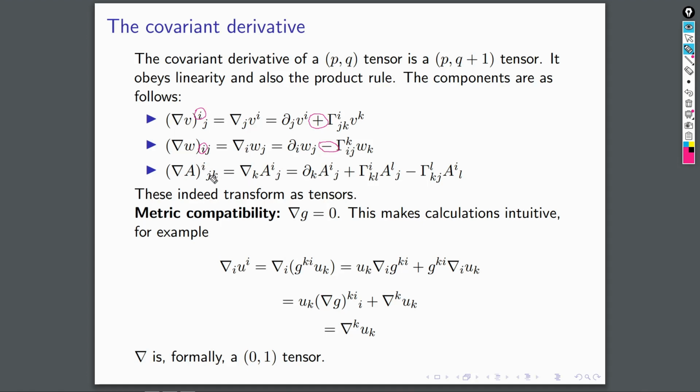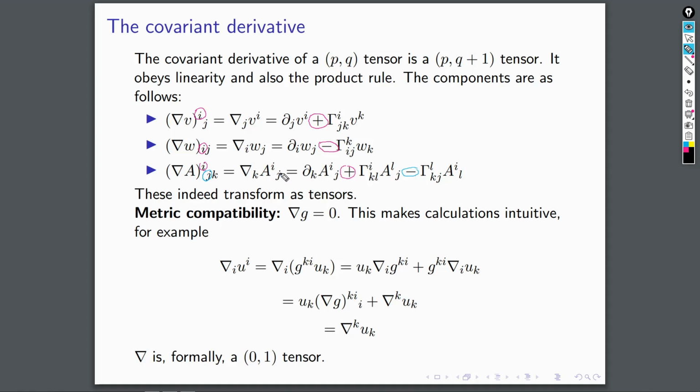And then you can actually do this as many times as you want. So this is a (1,0) tensor, this is a (0,1). This is going to be the covariant derivative of a (1,1) tensor. Let's use a different color. So you subtract for this one, and you add for this one. And then you can add on as many terms as you want.